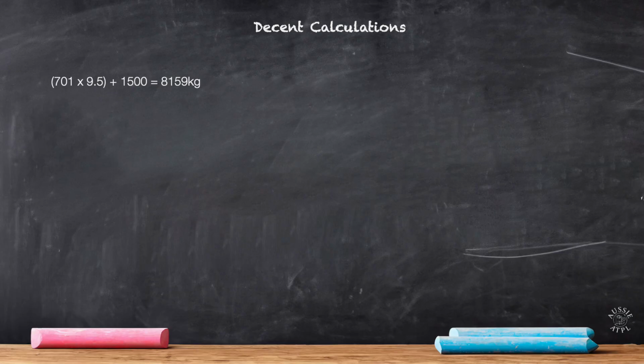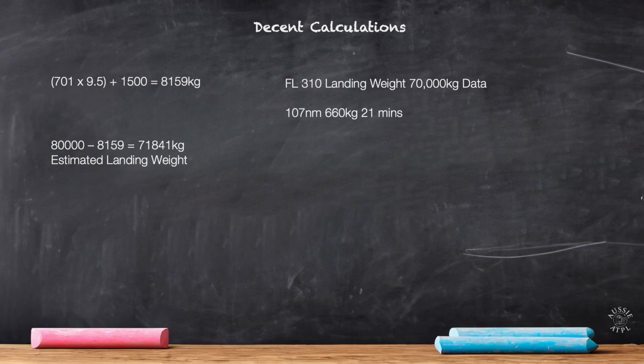This adjusts for the climb, as you burn a lot more fuel in the climb than you do in the cruise or the descent, and that'll give us 8,159 kilos. So if we take that away from our brakes release weight, we get an estimated landing weight of 71,841 kilos, which we're just rounding to 71,000 as we assumed.